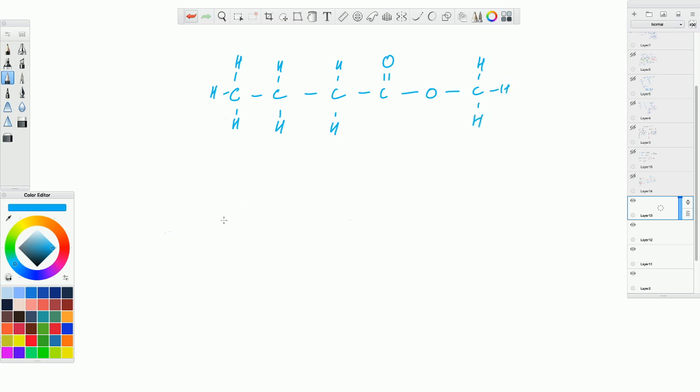Okay, and like this. Okay, now, how about you take a minute and try and name the two molecules?